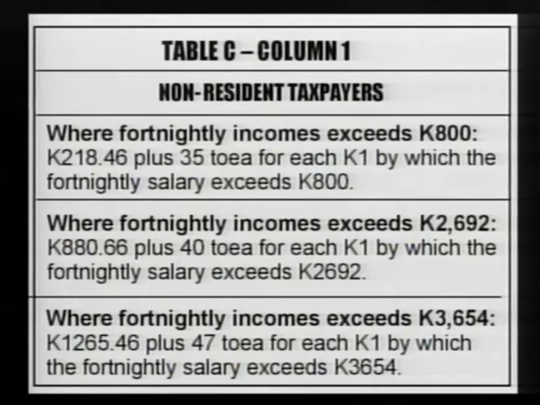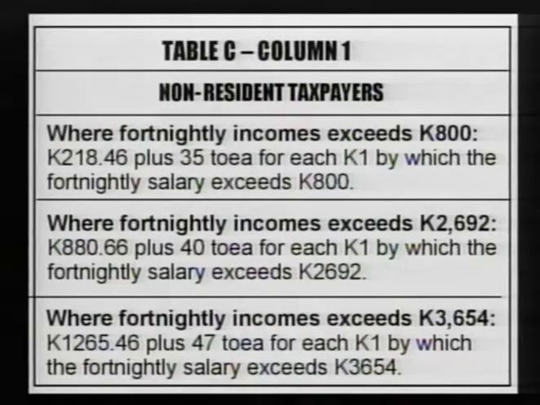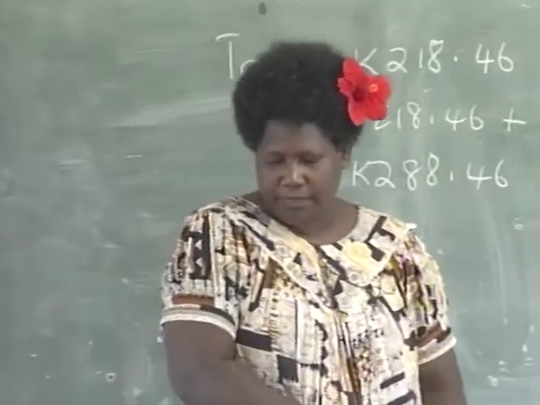Now, the next one, if your fortnightly income is 3,654 kina, you pay 1,265 kina 46 toya as tax plus 47 toya for every 1 kina which exceeds 3,654 kina. Okay, that's table C.